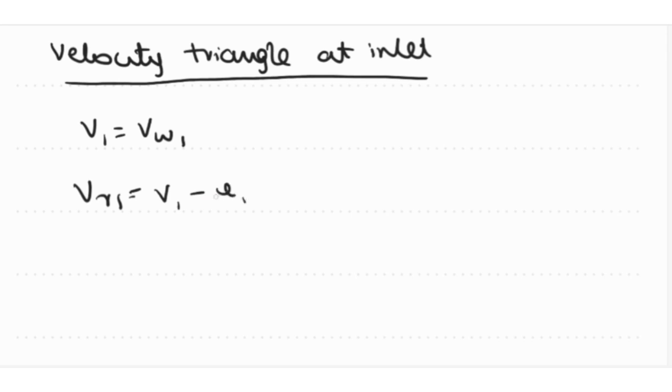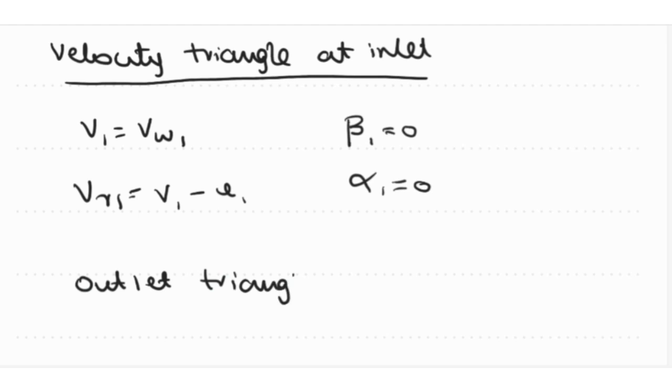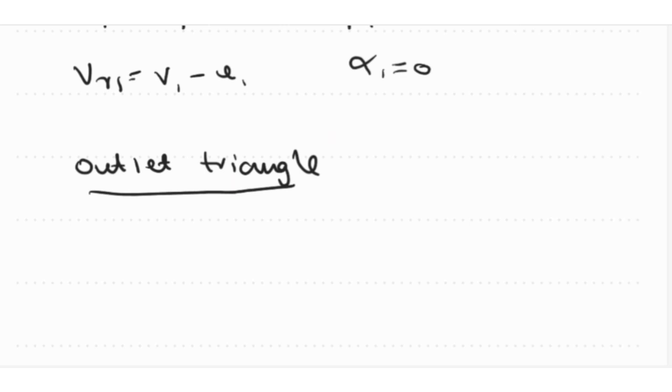In the inlet velocity triangle, beta 1 is equal to 0 and alpha 1 is equal to 0. Moving to the outlet velocity triangle, we will assume the plate is smooth, so we can take Vr1 equal to Vr2.